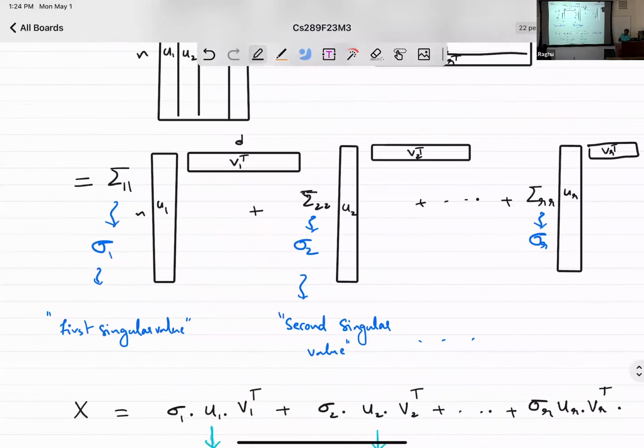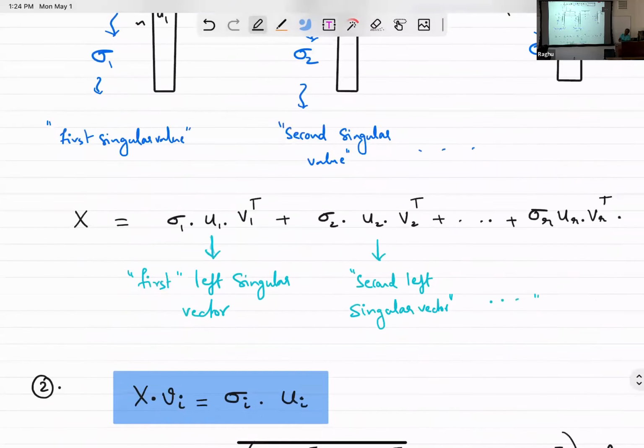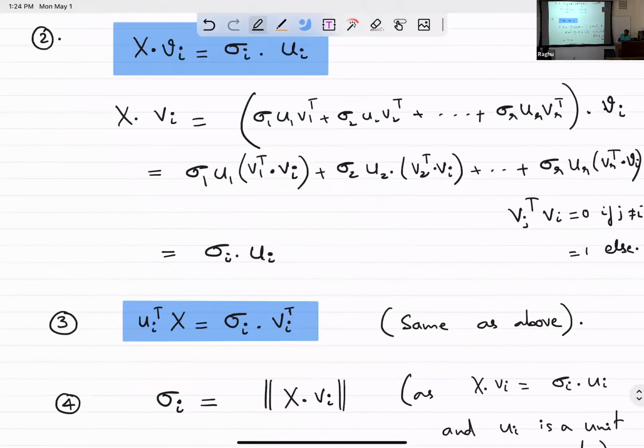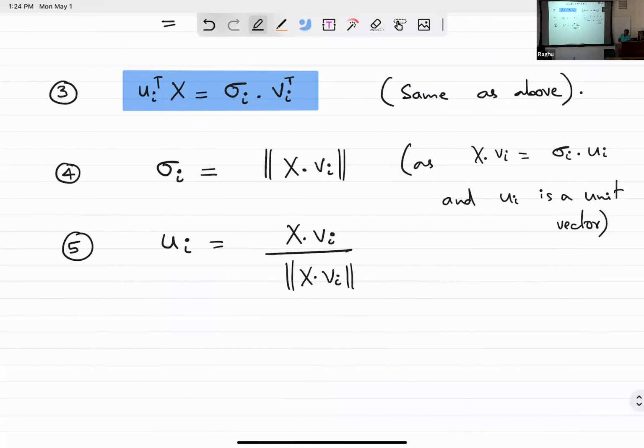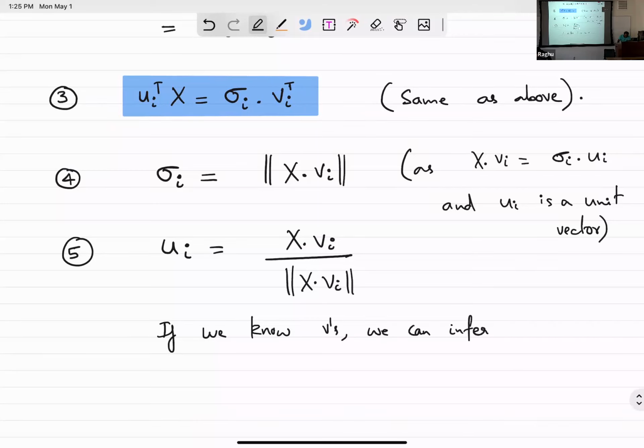V's sit in the same space as the rows of X, and U's sit in the same space as the columns of X. Okay, apart from that, they're very similar to each other. So in summary, if we know the V's, we can infer sigma and the U's.